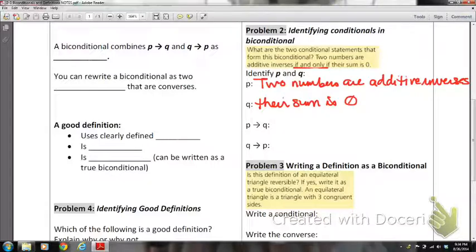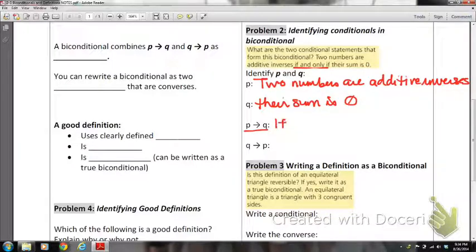Now let's look at the conditional statement that can be made from this. "If P, then Q" is the conditional, and we're just going to take the hypothesis and conclusion, put in an if and a then, and create the conditional statement.